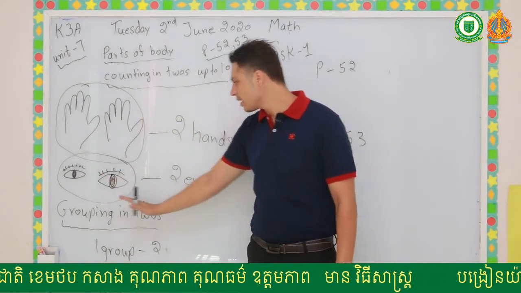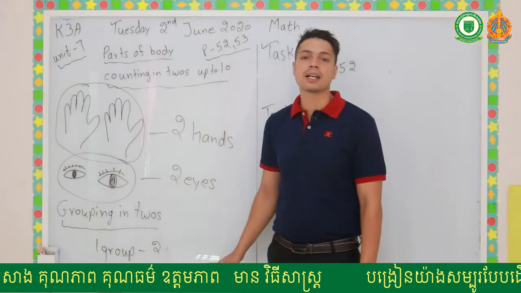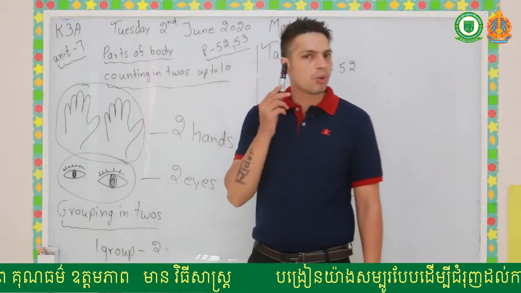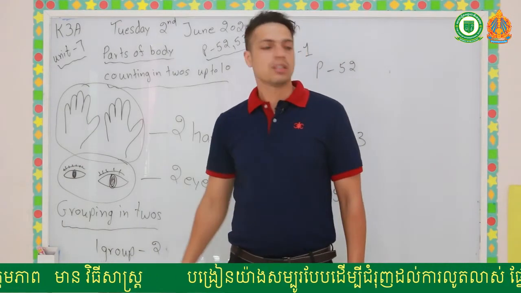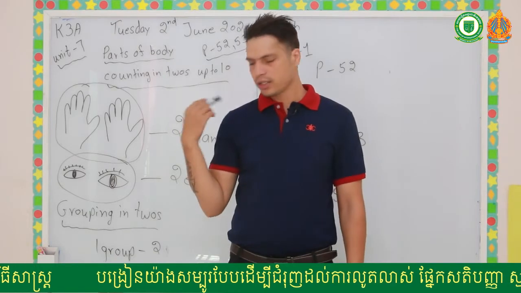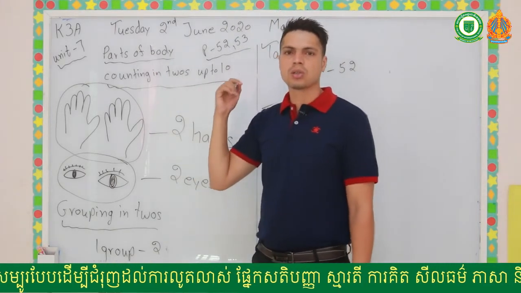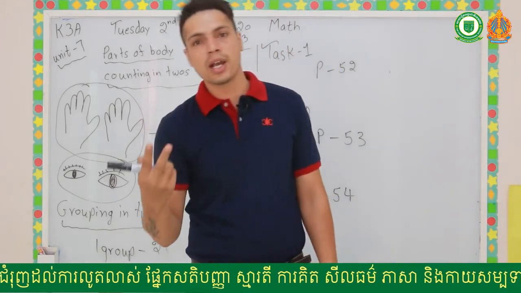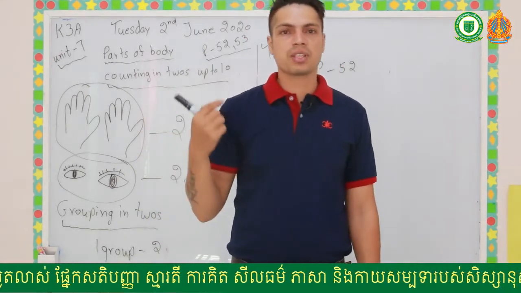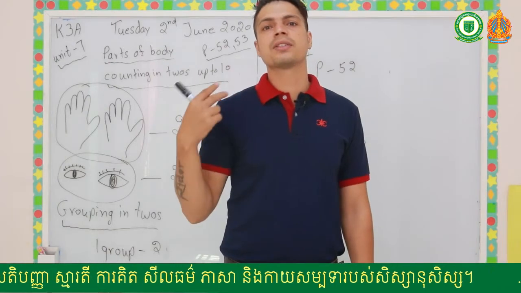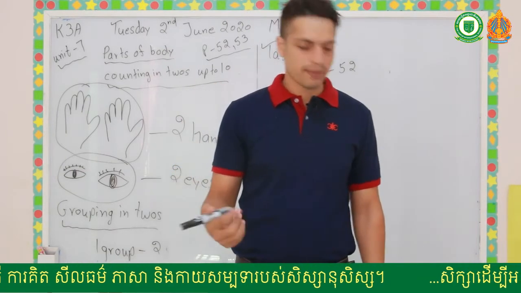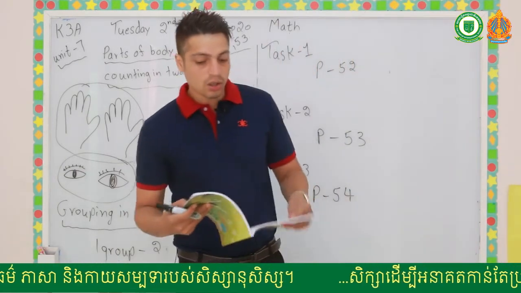How many eyes? 2 eyes. How many ears? 1, 2. How many shoulders? 1, 2. So we are counting in twos. 2 eyes, 2 hands, 2 arms, 2 legs, 2 feet.